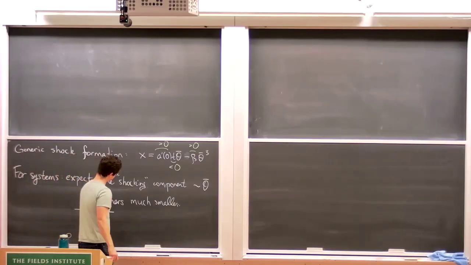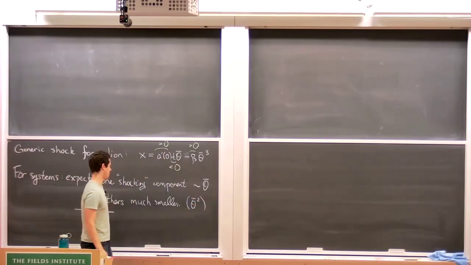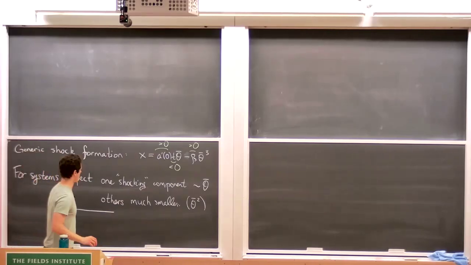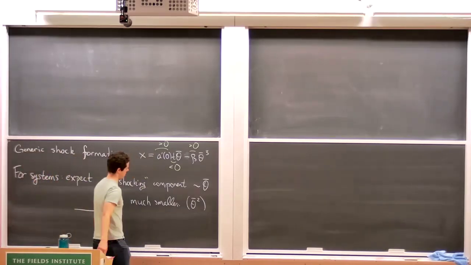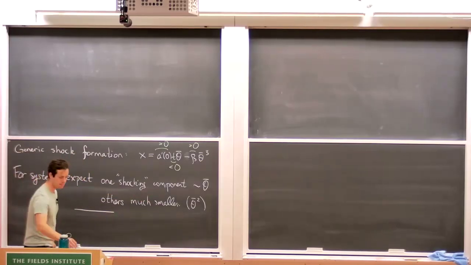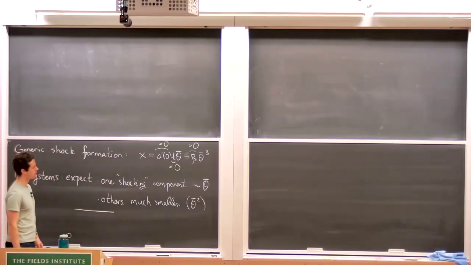Again, there's a bit of subtlety in exactly how much smaller, depending on exactly how you choose to measure this, but in the simplest possible way of measuring this, you're no larger than theta bar squared. Recalling that theta bar is vanishing at the origin, this is a much smaller quantity than that shocking characteristic. So this is what we should see for Euler.